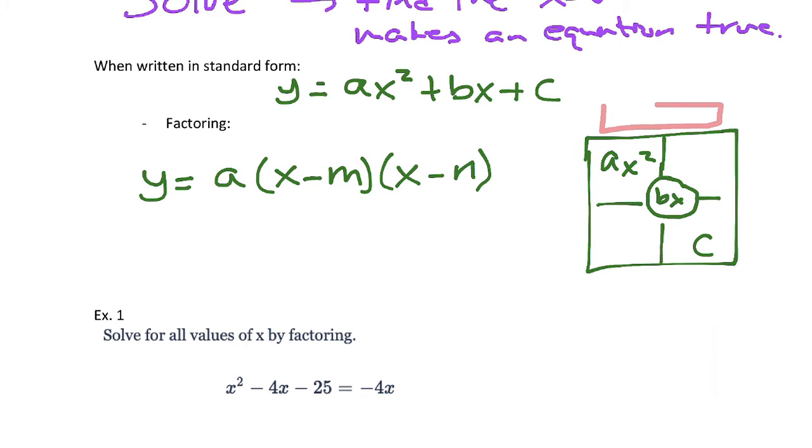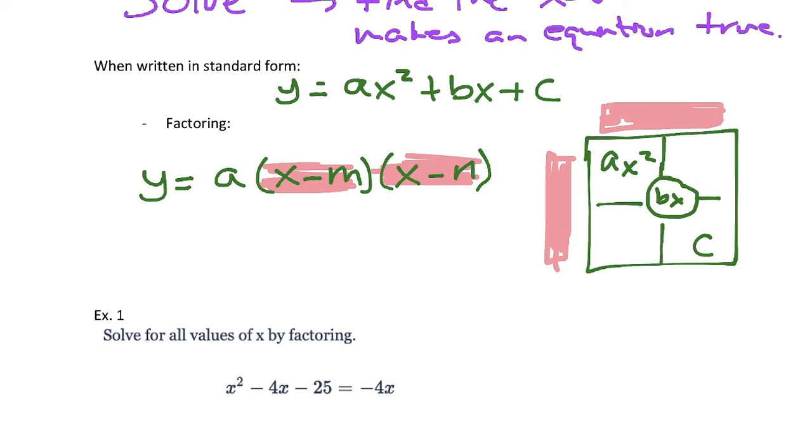The factors would show up here and here. You're going to end up having the factors right there on the side. That's what's going to match up. So that's what you're trying to do if you're undoing that box. I don't know that I always undo the box, but you can do that if that's helpful to you.